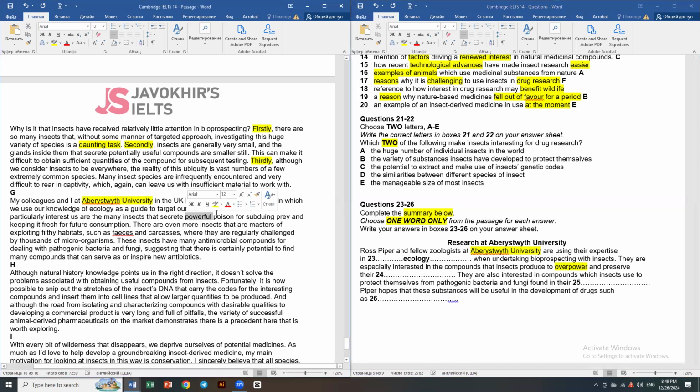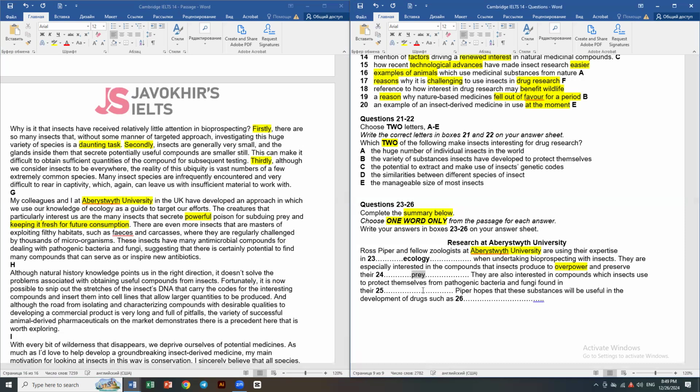Overpower means powerful. Preserve means keeping it fresh for future consumption. So preserve their prey. They are also interested in compounds which insects use to protect themselves from pathogenic bacteria and fungi found in their something. There are even more insects that are masters of exploring filthy habitats.